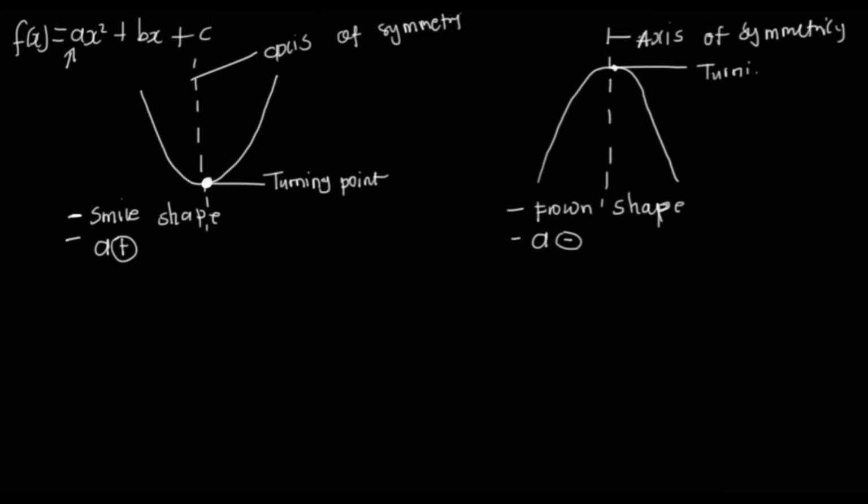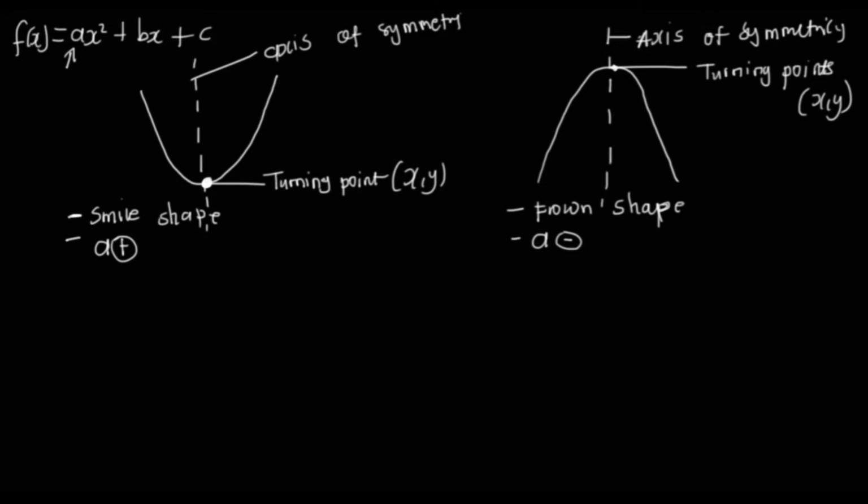Now the turning point is given in the form of coordinates, and sometimes you may encounter a question where you are asked to find the coordinates of the turning point. So the turning point must be in x, y coordinates. The turning point is just the point where a parabola turns.